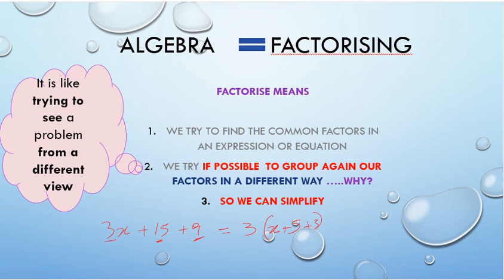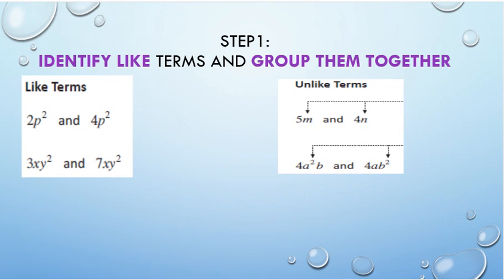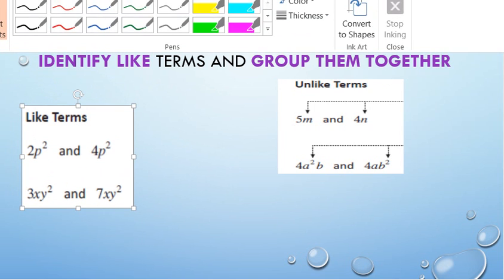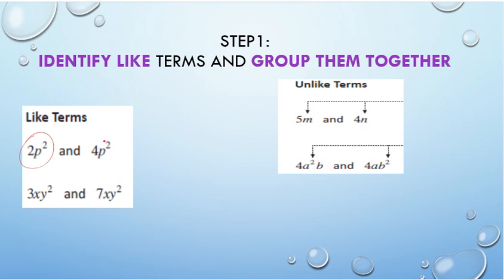We will start from like terms, and because this is how we organize algebra, we start from scratch, from the simple steps. So our first step, every time we see an equation or an expression, is we have to separate the like terms from the unlike terms. Let's discuss here. I hope you understand that this term and this term, they're like terms. Why?